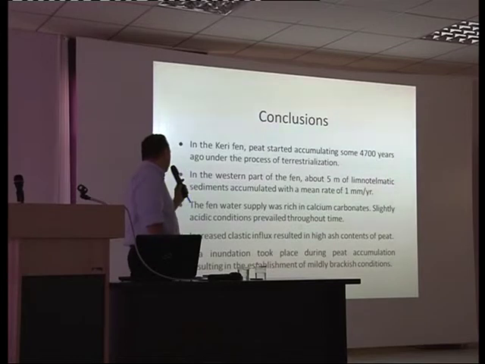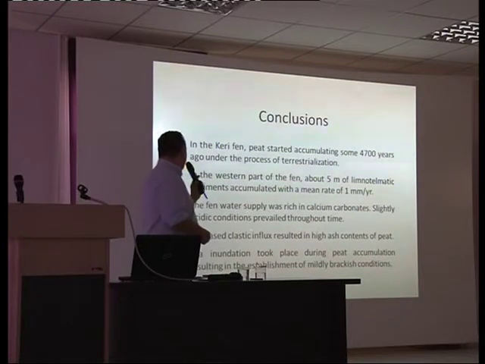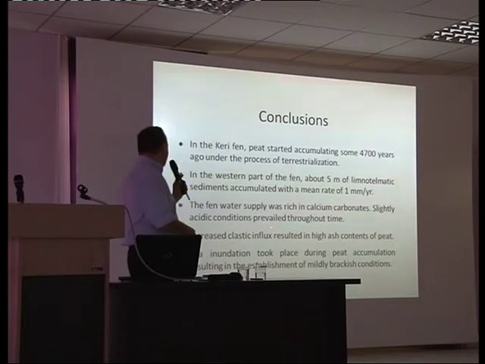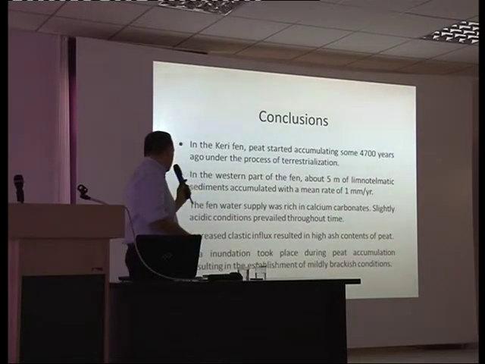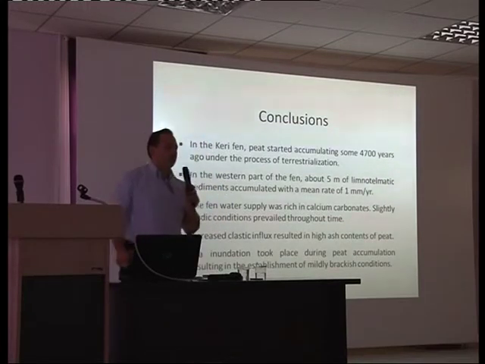The fen water supplied was rich in calcium carbonate, and slightly acidic conditions prevailed through this time. Increased clastic influx resulted in a high ash content of the peat. Sea inundation took place during the peat accumulation, resulting in the establishment of middle brackish conditions. Thank you very much.